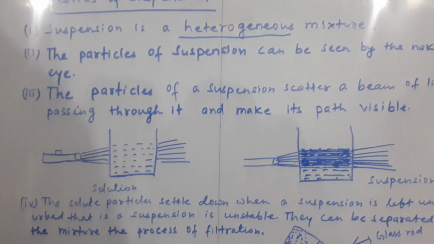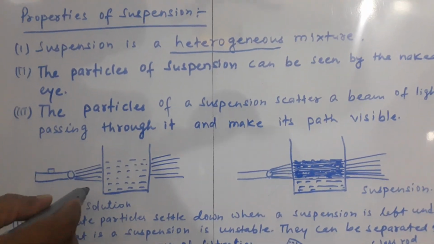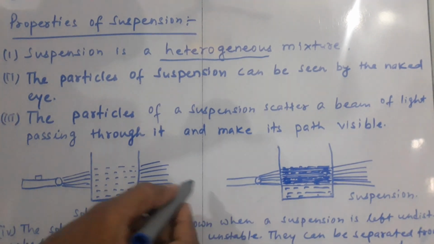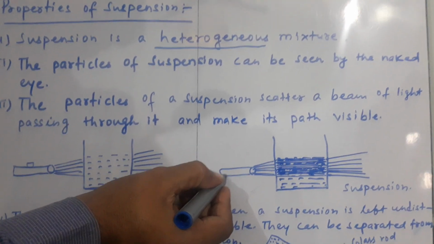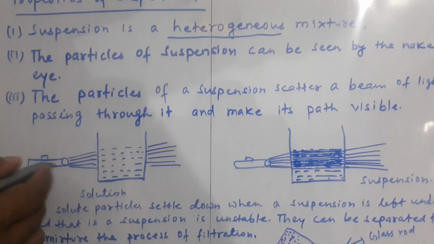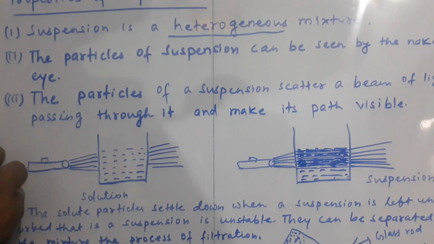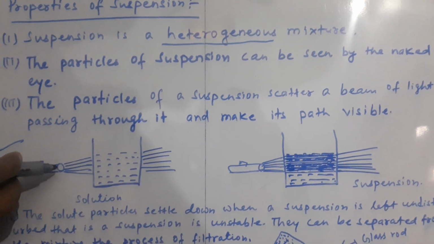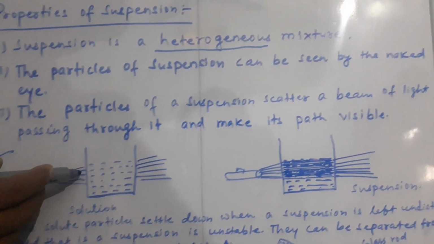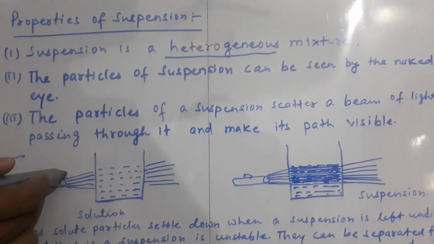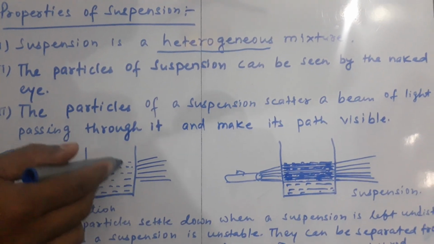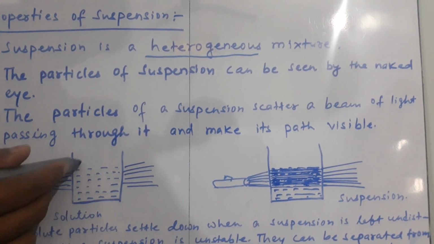See, I have shown in the diagram. Here I have taken one solution, and here is a light source, a torch. Here also a torch is there. This is the example of solution. If we shine a torch at this side, the light passes through, but in the solution we can see there is no change.